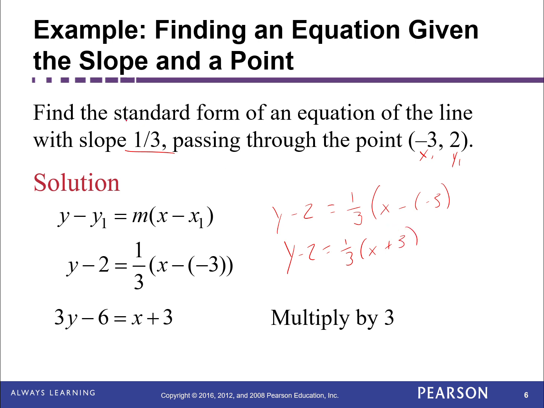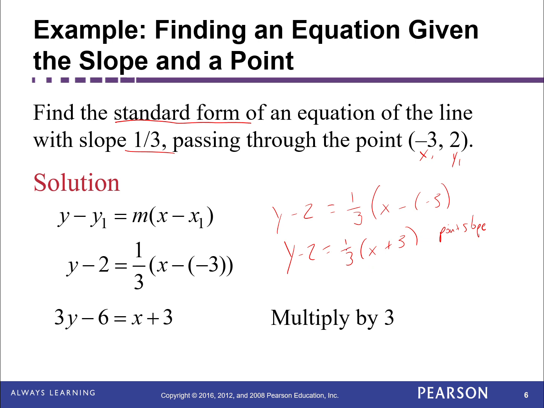Now it asks for it in standard form, not point-slope form. Because it asks for it in standard form, we've got a little work to do. This is the point-slope form. We want it in standard form. So we've got to convert it from this point-slope form to standard form.